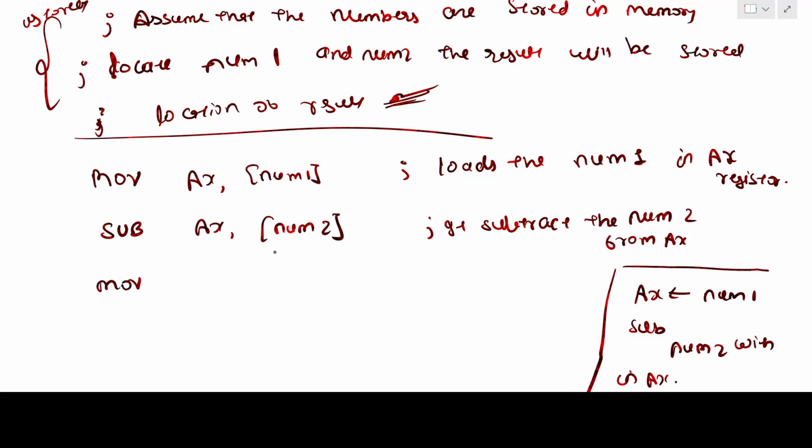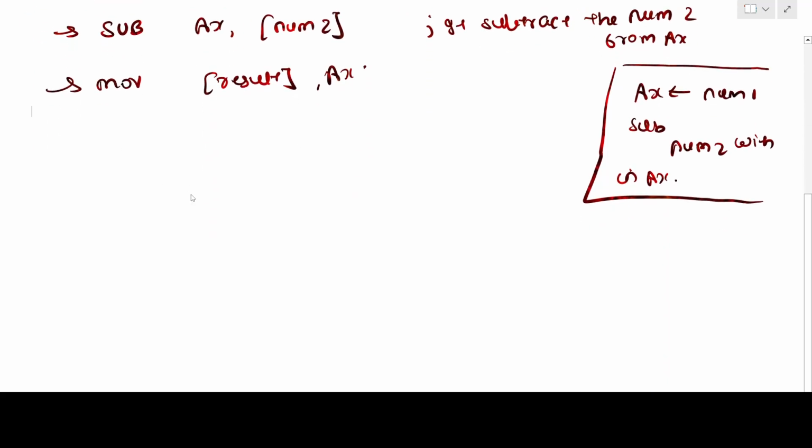We move the result into ax only. So in the first line we moved num1 into the register ax, then with sub we subtracted num2 from ax, and then we moved the result in ax. So this is our first code.